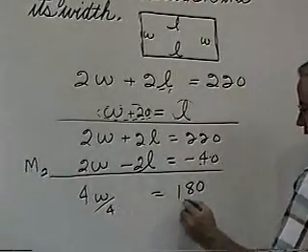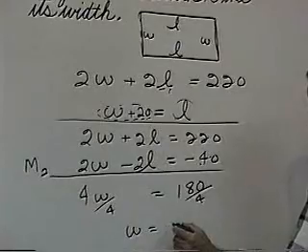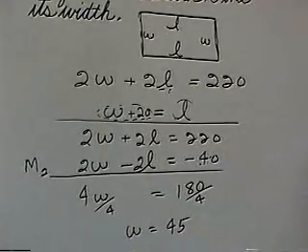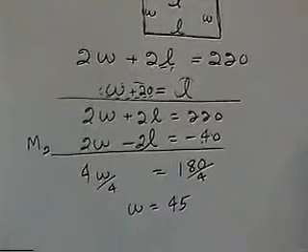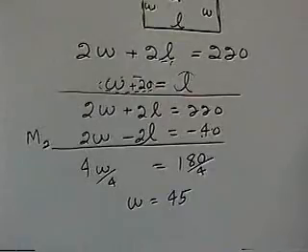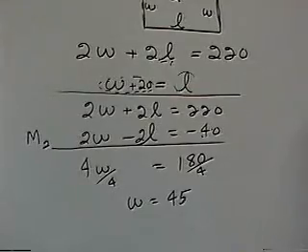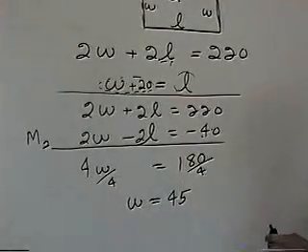Dividing both sides by 4, we get W is equal to 45. So the width is 45. Hey, that's what we wanted also. The problem says find its width. Now again, be careful. Make sure you read the problem. The length is 65. The width is 45. We found the one we're looking for.